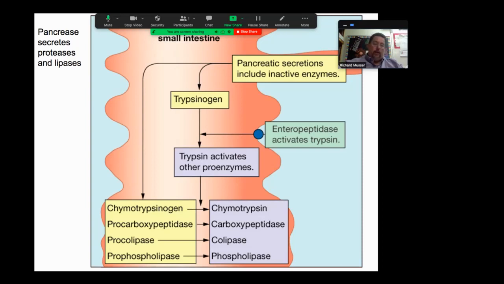Now, phospholipase will break down phospholipids. Remember, phospholipids are the major component of cell membranes. So all these enzymes are critical for breaking down whatever you've eaten or some other animal has eaten into the basic components that will then be ultimately absorbed and turned into human protein or used for human cells like the phospholipids.